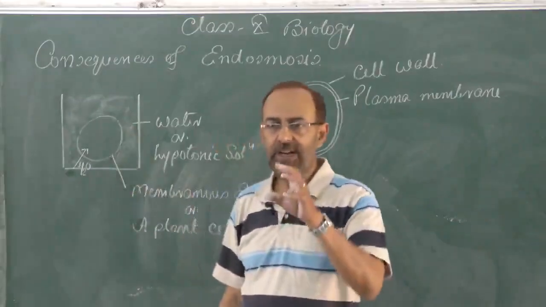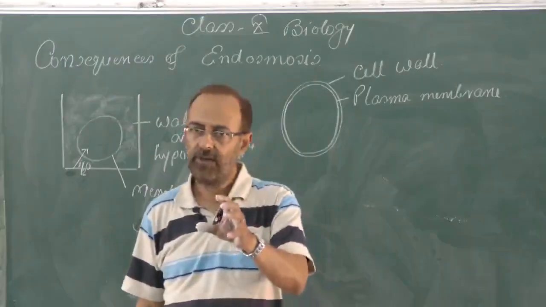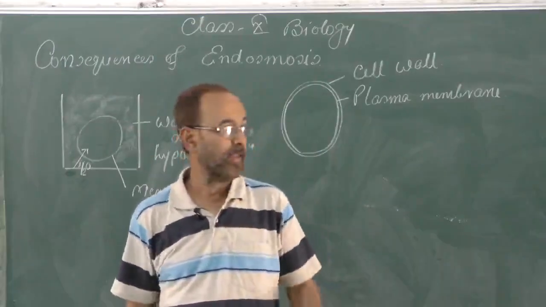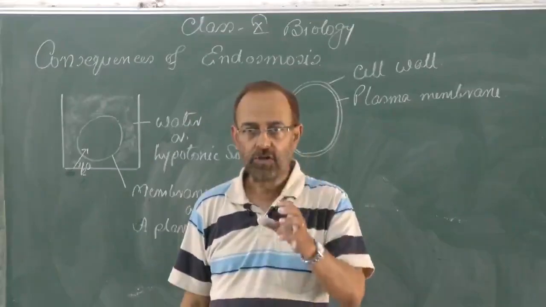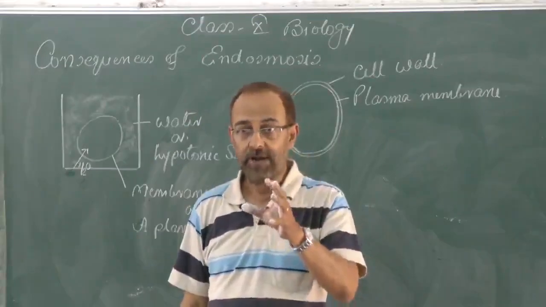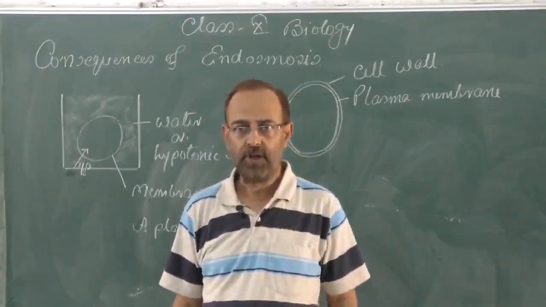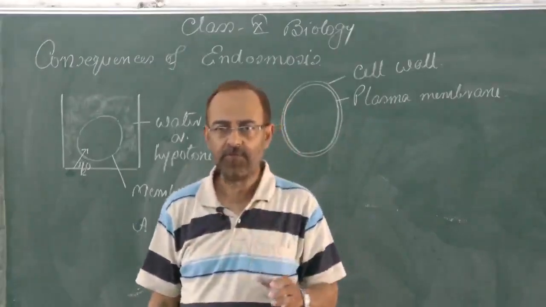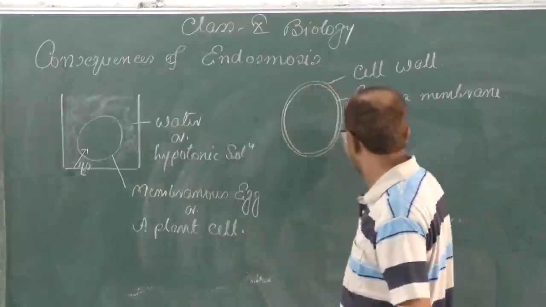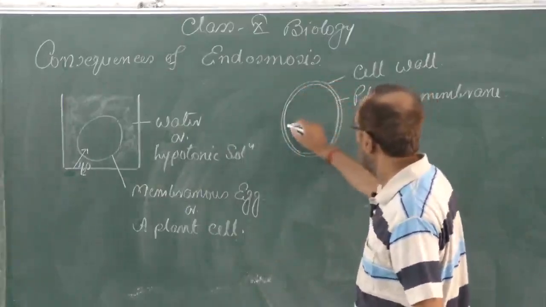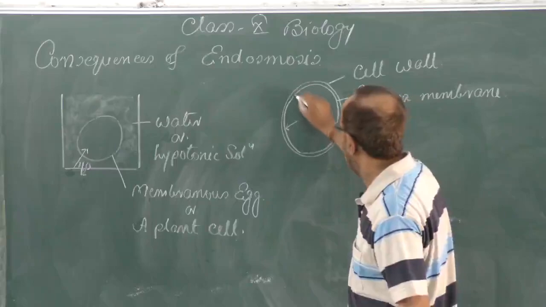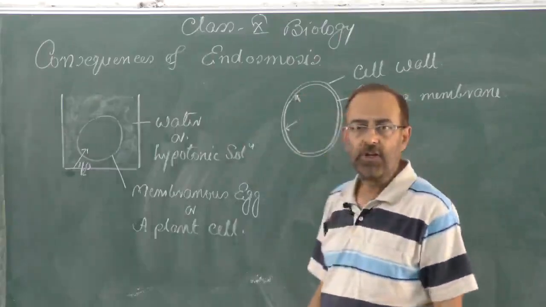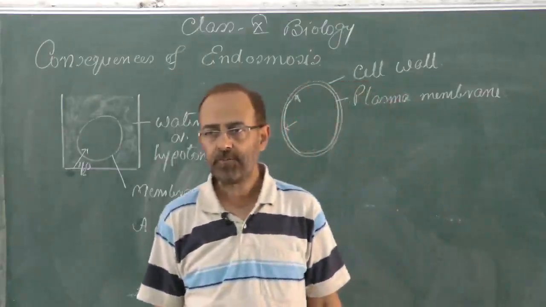That will definitely increase the water content of the protoplasm, and that in turn will cause the expanding of the protoplasm. Clear? Due to increase in the volume, the quantity of the protoplasm will increase, and this increasing volume of the protoplasm will exert pressure onto the plasma membrane. Clear?